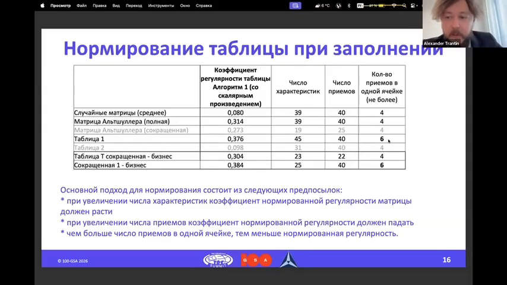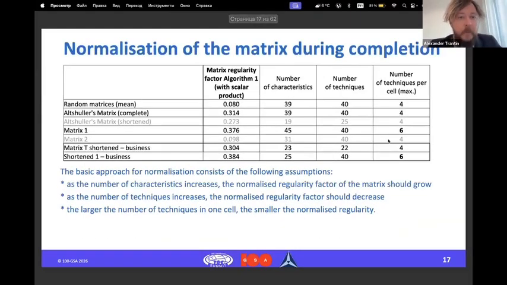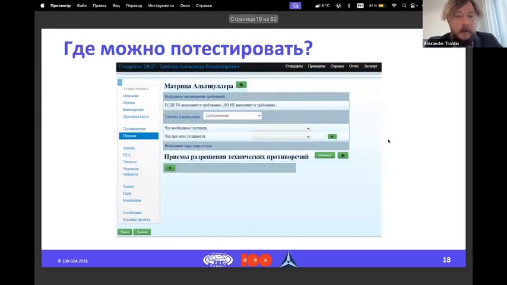And our initial logic was proved that this is what can be used. Mathematics can be used when you work with the Altshuller matrix.